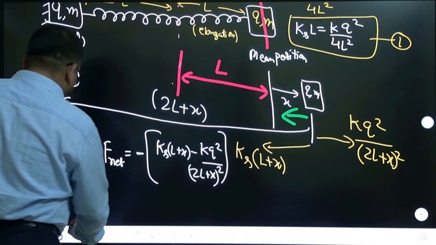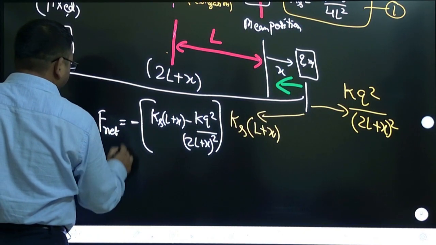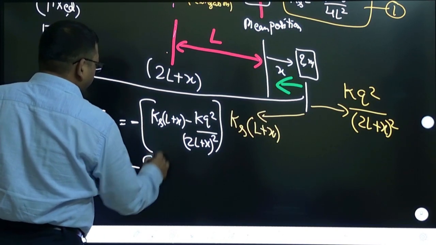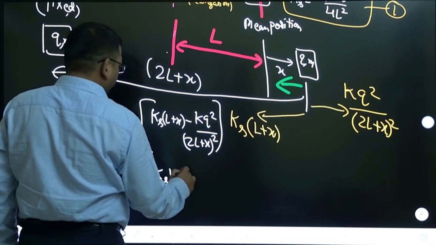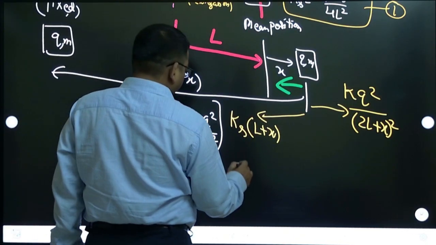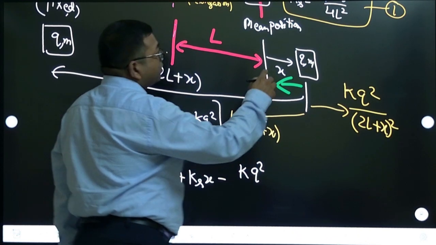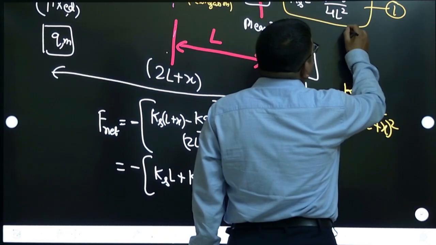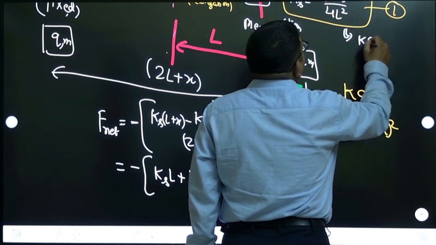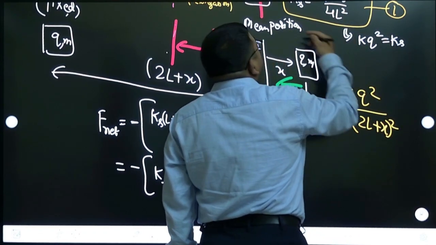Now try to simplify this. You can open this: Ks into L plus Ks into x minus KQ square. KQ square you can substitute. From this equation you will see that KQ square becomes spring constant Ks L into 4L square.